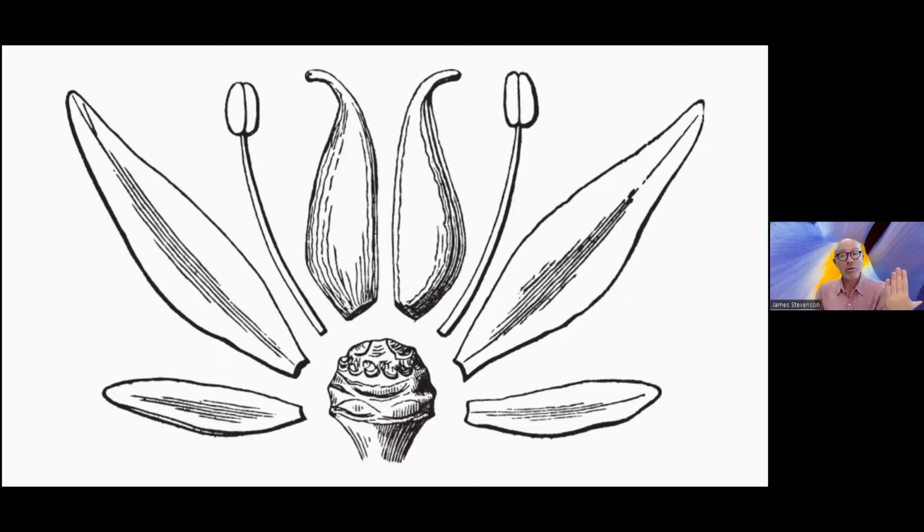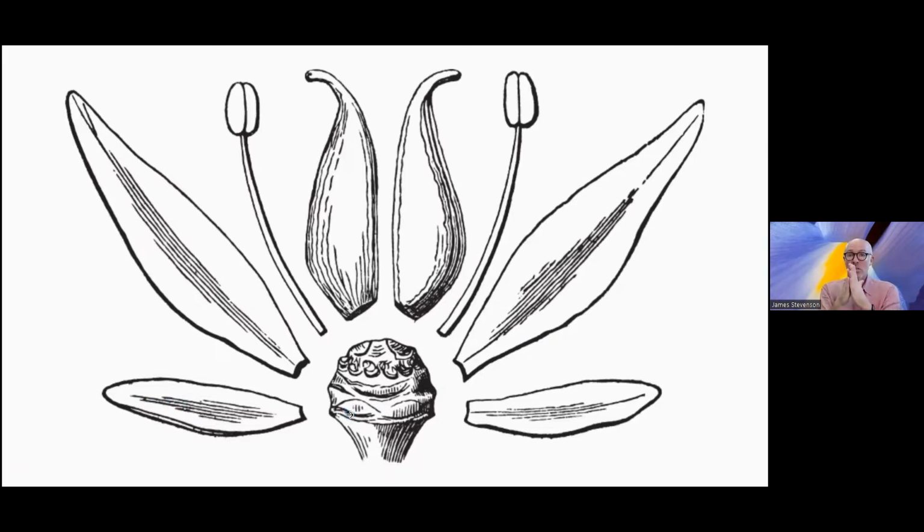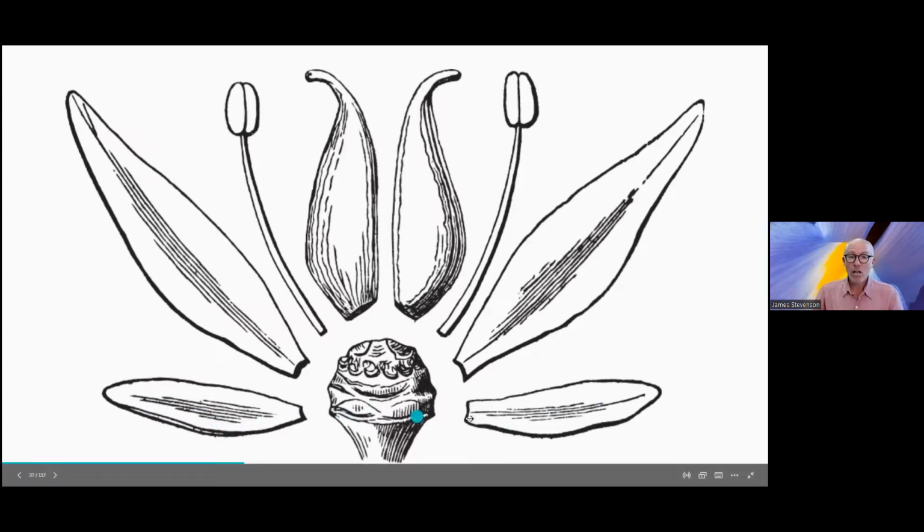We're looking at the flower from a side view, and we can see this is an exploded diagram. We can see there are 4 components: an outer whorl, an inner one.